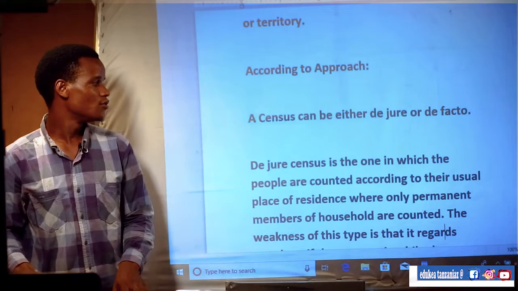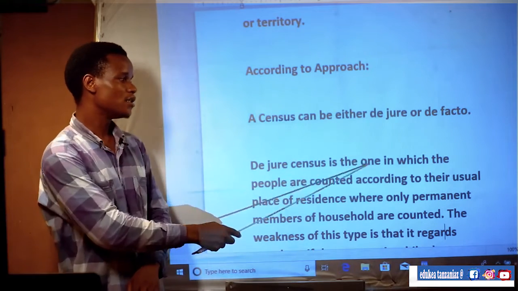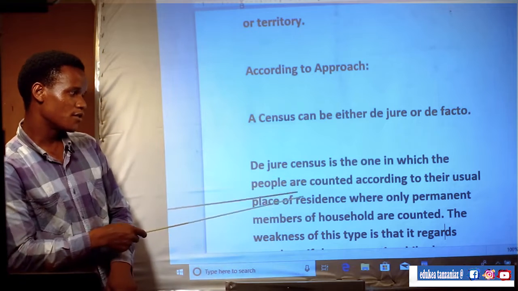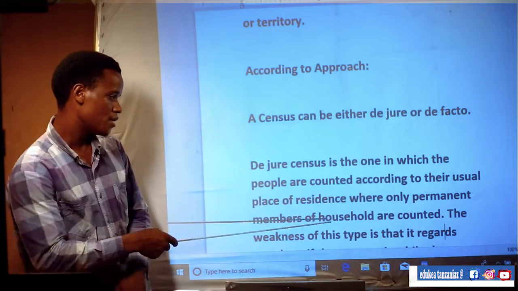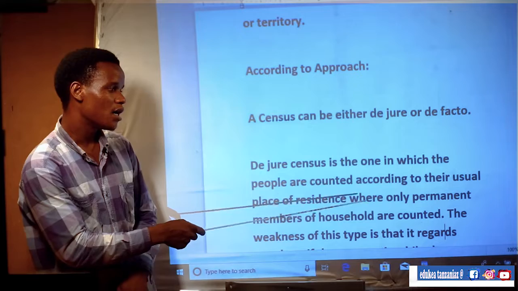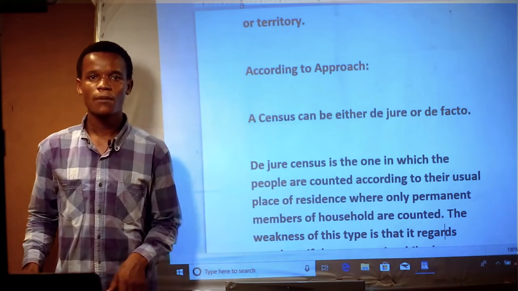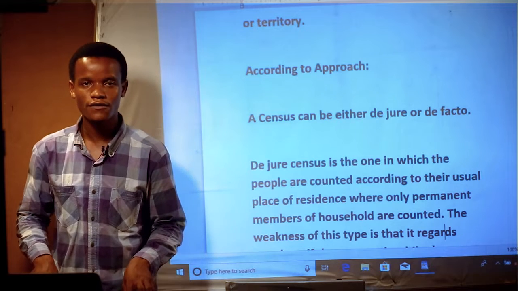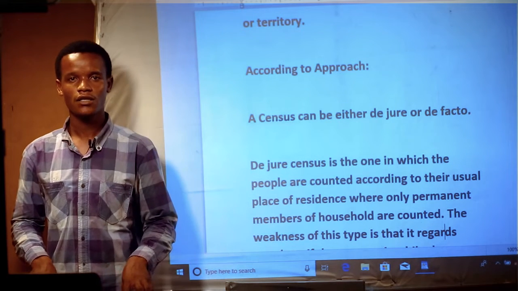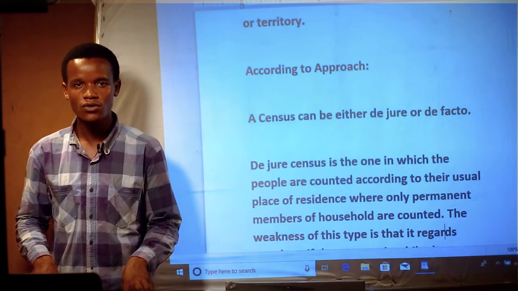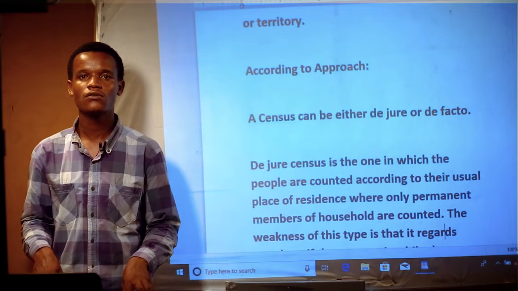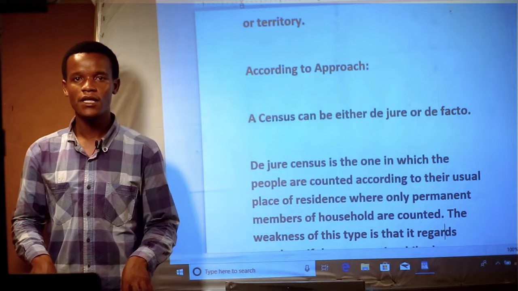A de jure census is one in which people are counted according to their usual place of residence, where only permanent members of the household are counted. When we talk about de jure census, the person is counted according to their original place, the permanent place.